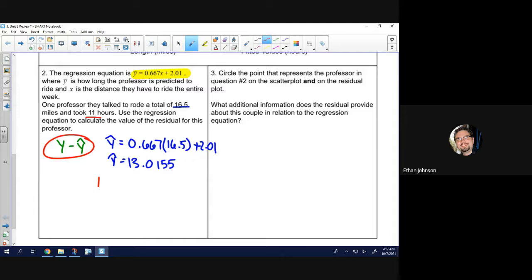So it's going to be 11 minus the predicted 13.0155. And we end up getting negative 2.0155. So our residual is negative 2.0155.